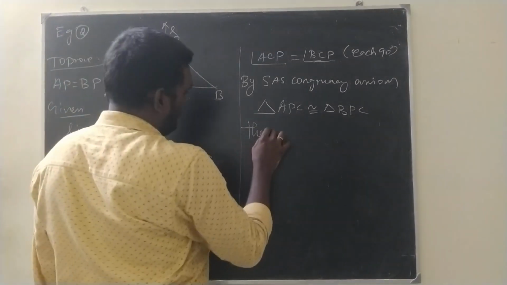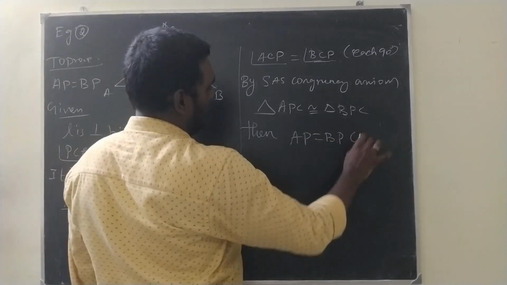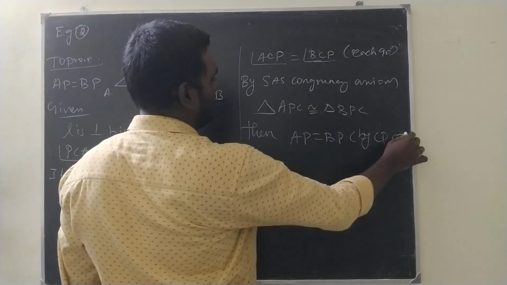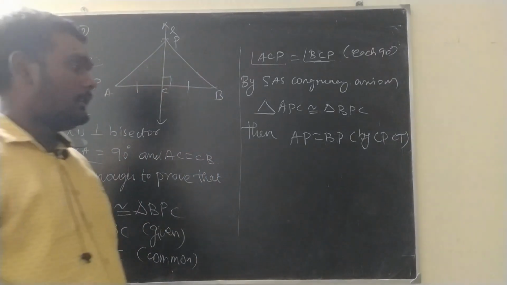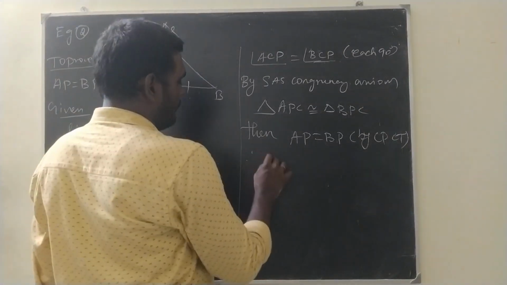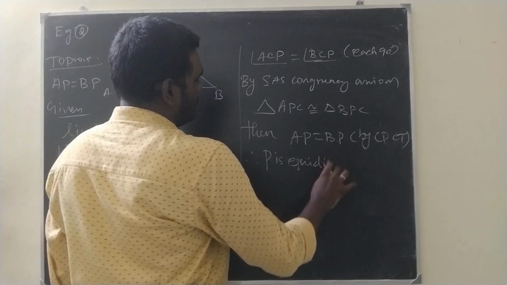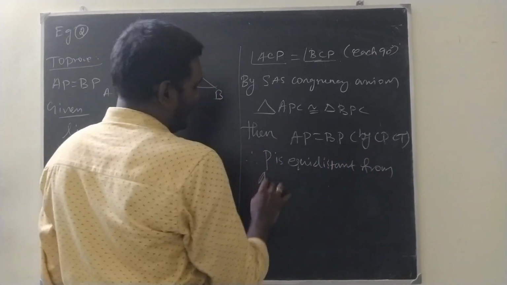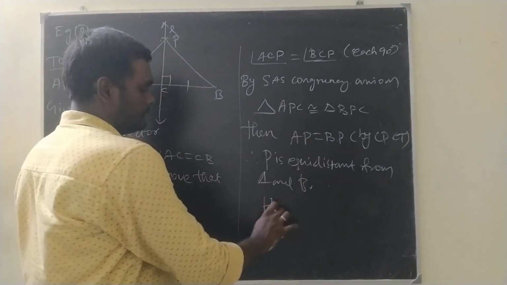Then we have AP is equal to BP by CPCT, which means corresponding parts of congruent triangles. So therefore, P is equidistant from A and B. Hence proved.